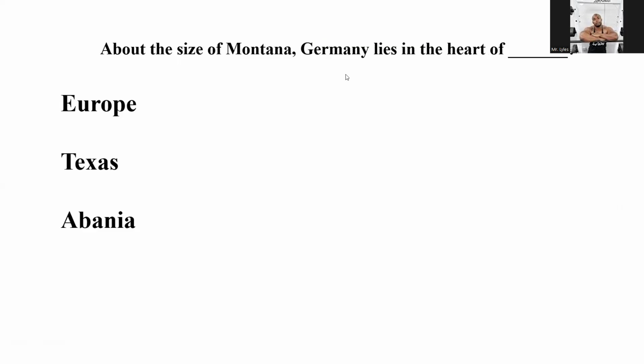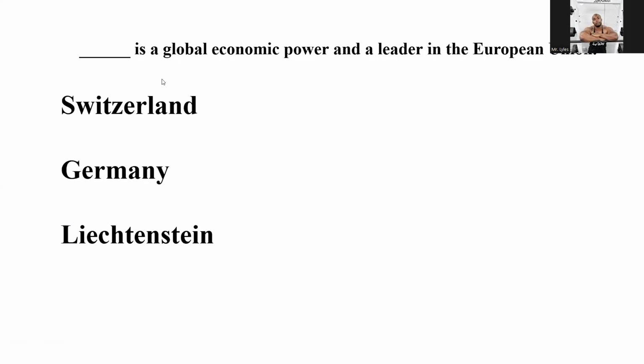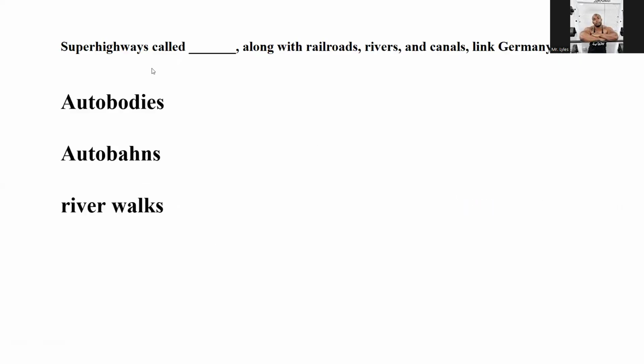About the size of Montana, Germany lies in the heart of Central Europe. Blank is a global economic power and a leader in the European Union. Germany. Superhighways called autobahns, along with railroads, rivers, and canals link Germany's cities.